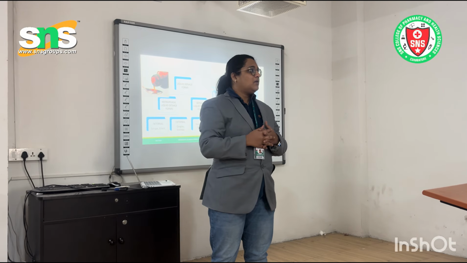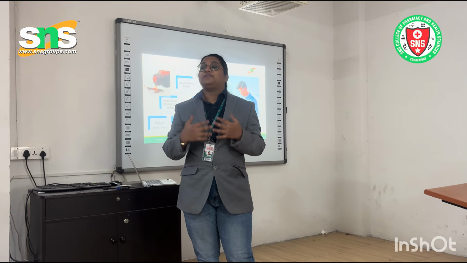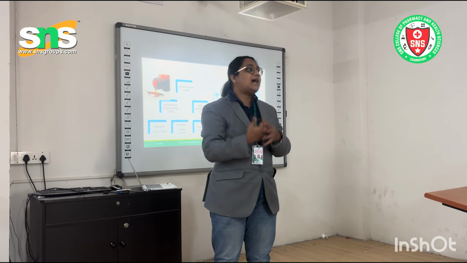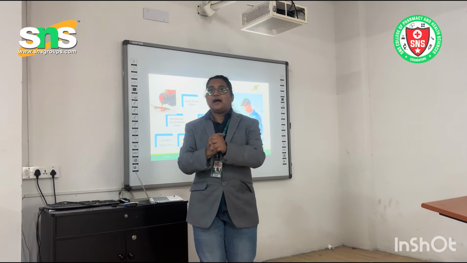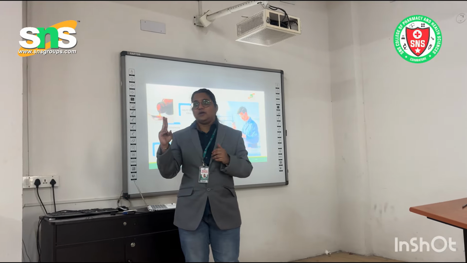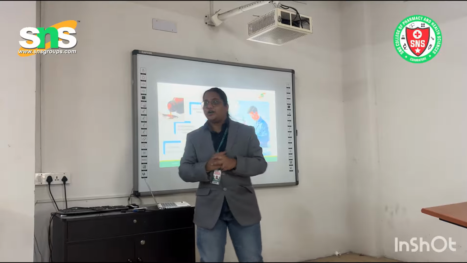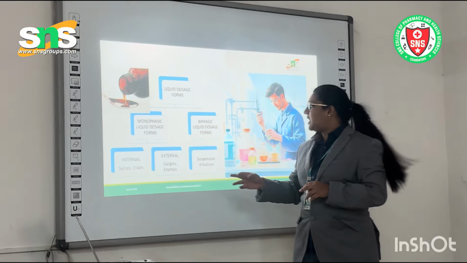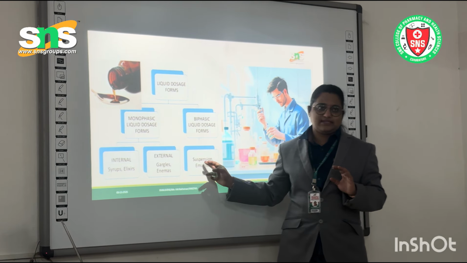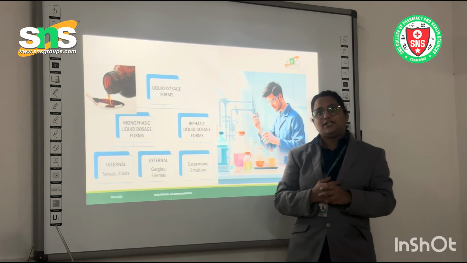These are kinds of suspensions and emulsions we use in daily life. The special thing is that these are made up of two phases, oil phase and water phase. The biphasic forms are of two types we are going to discuss: suspensions and emulsions.